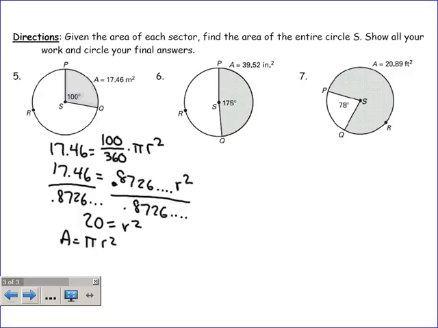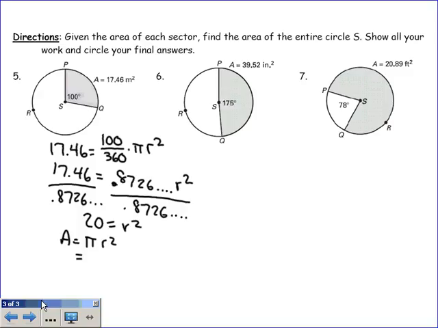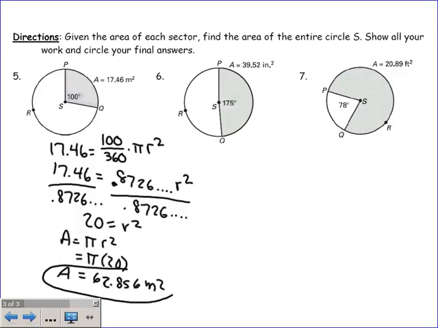We have r squared as 20, so it'd be 20 times pi. This is pi times what's r squared? R squared's 20. So it should be 62.856 or 62.9. 62.9 square meters.